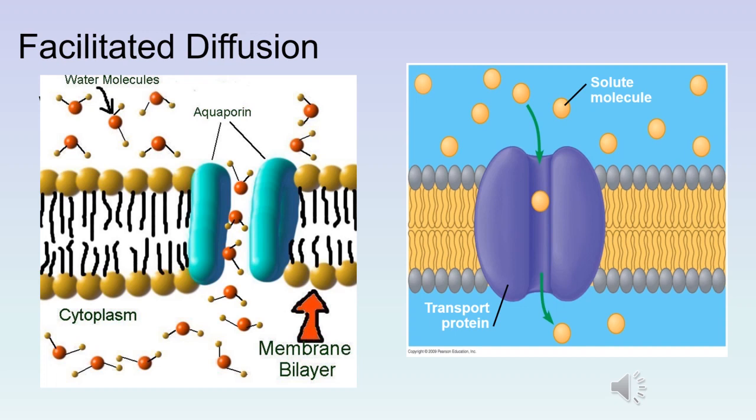Therefore, a transport protein, like this big purple one in the picture on the right, acts like a bridge spanning the lipid bilayer and covering the hydrophobic region. Now, the polar molecules are free to move down their concentration gradient.